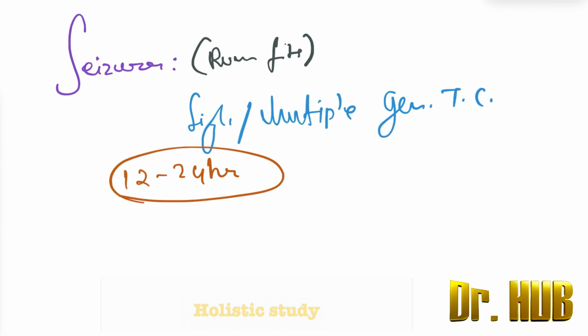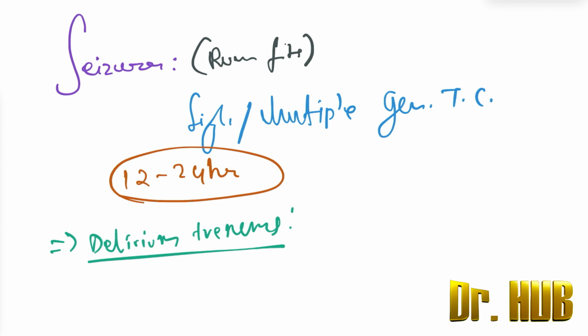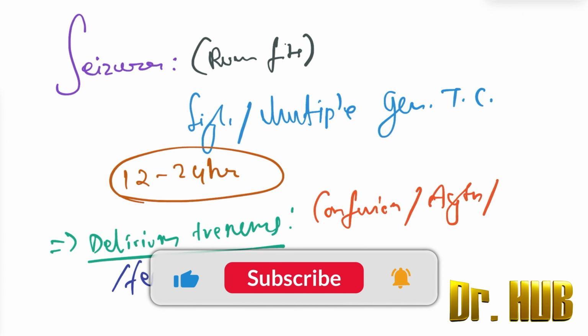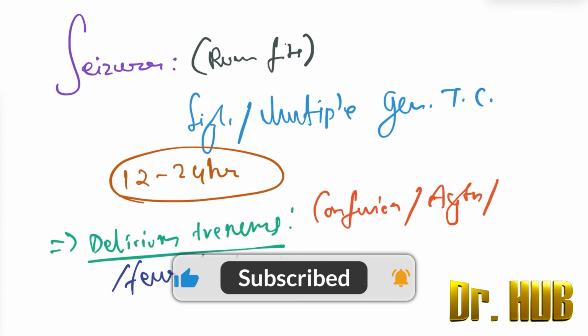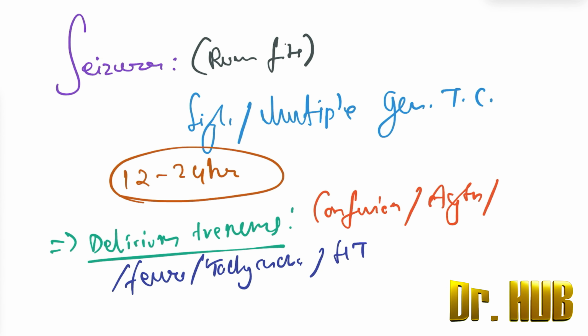Next manifestation, we are going to see delirium tremens. Under delirium tremens, the symptoms and signs include confusion, agitation, fever, then tachycardia, hypertension, diaphoresis, and impaired orientation as well.